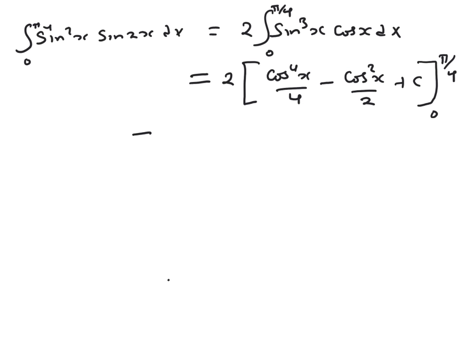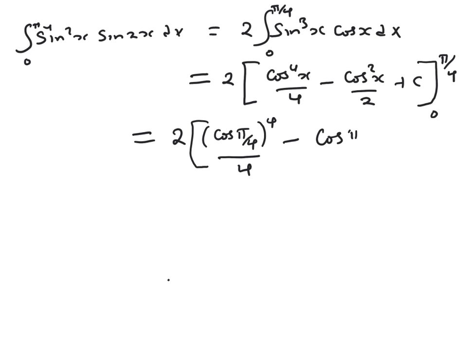Substituting in the limits, we're going to get 2 into, this is equals pi over 4, cos to power 4 over 4 minus cos pi over 4 squared over 2. Then minus the lower limit.